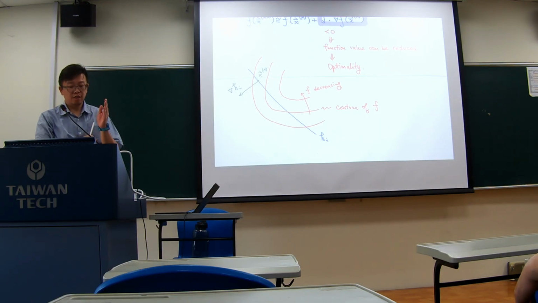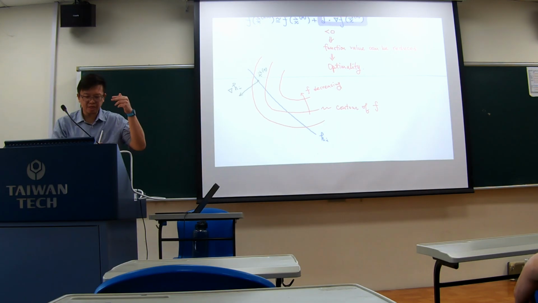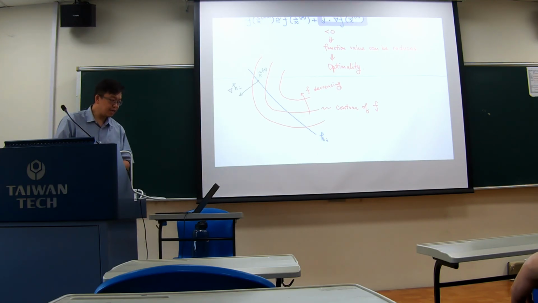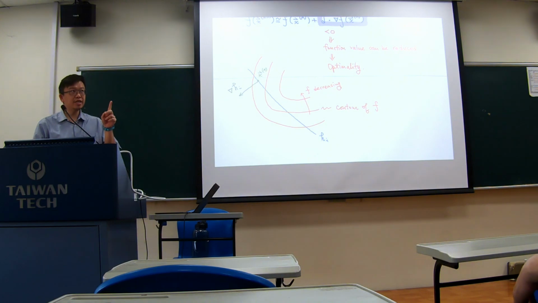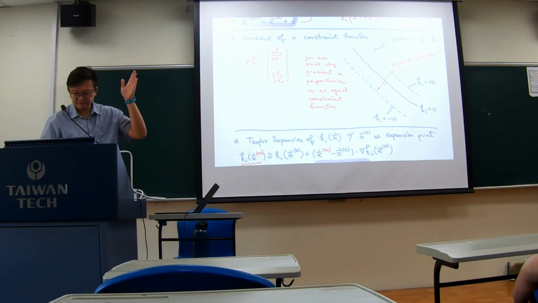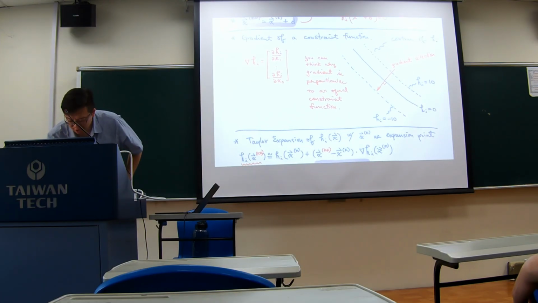The gradient vector is going to be perpendicular to your function contour. So I made a mistake here. I should draw it in the other direction.